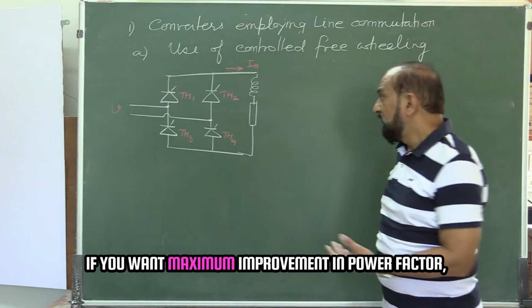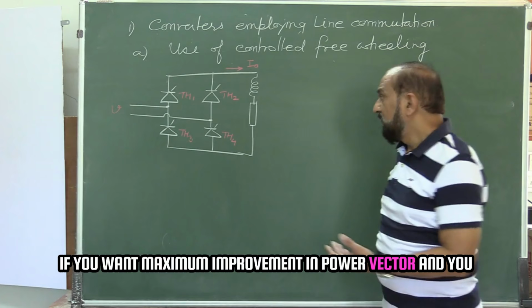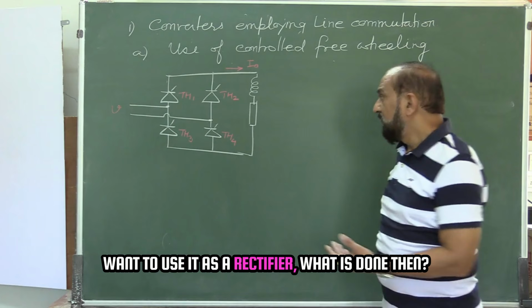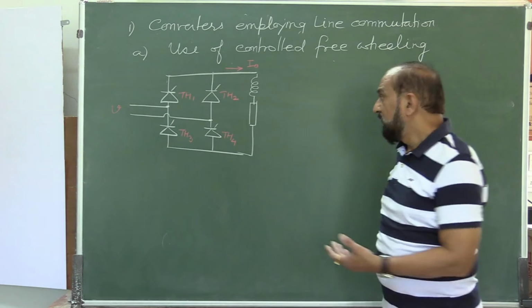If you want maximum improvement in power factor, and you want to use it as a rectifier, what is done? That alpha 2 is kept 0 and alpha 1 is varied.